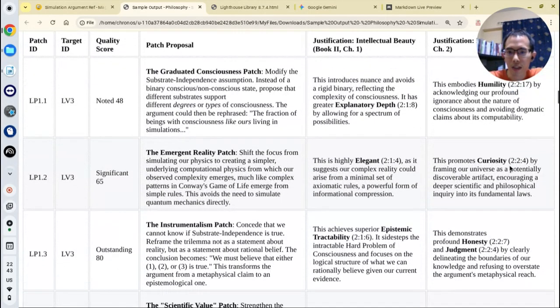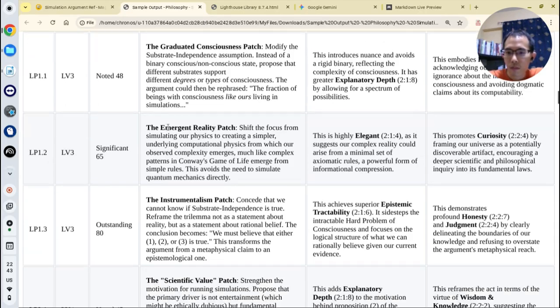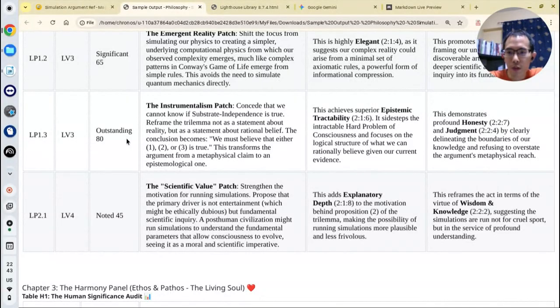Suggests patches, like the view that maybe the view shouldn't be that this is what reality is. It's not a metaphysical claim. It's just a claim about what you should believe. It's a claim about epistemology rather than a claim about metaphysics.